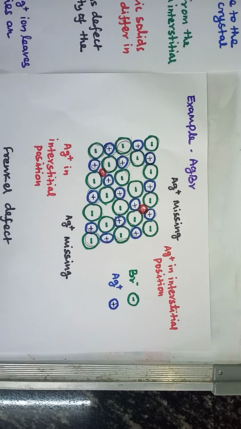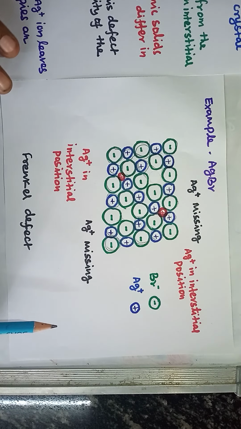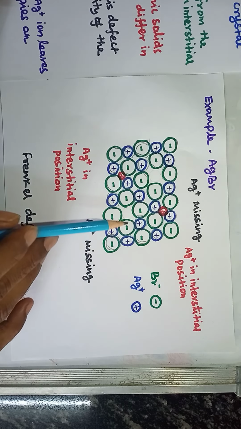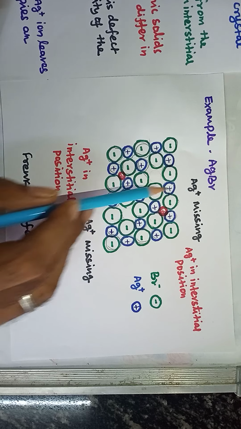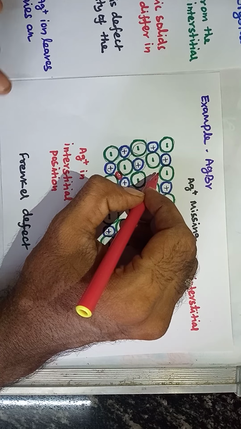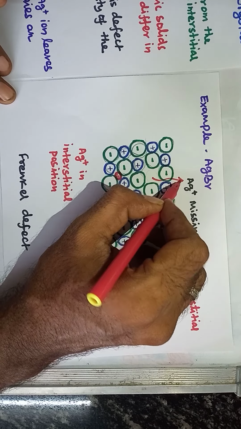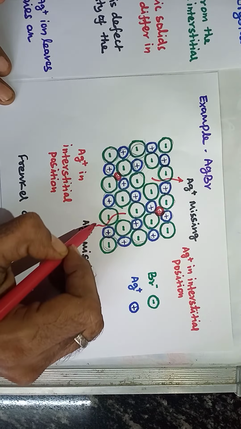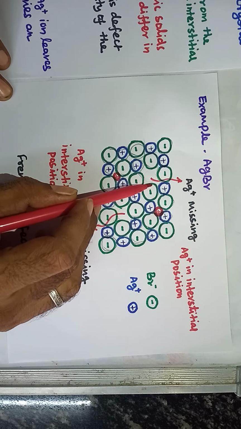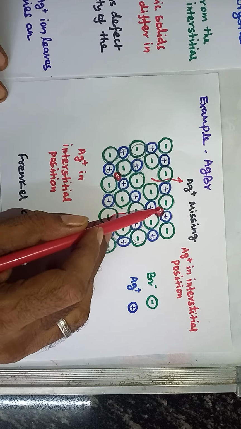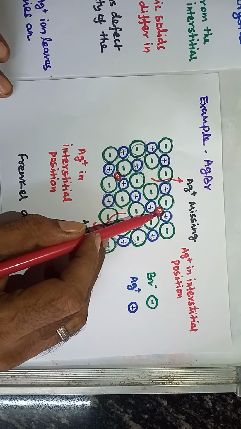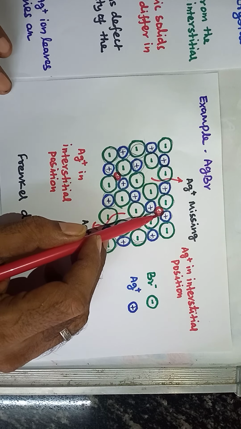Here, the small silver ions, the Ag plus ions, leave from their normal site and occupy an interstitial position, or interstitial site, a gap between these atoms.